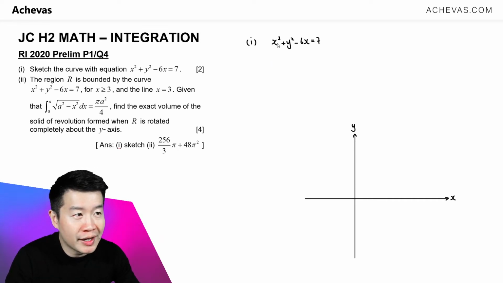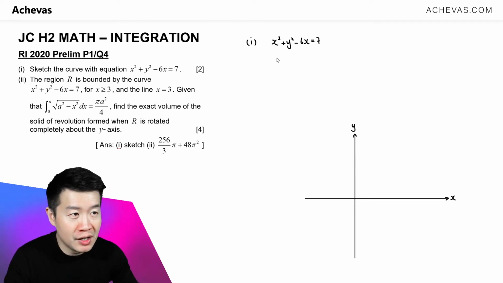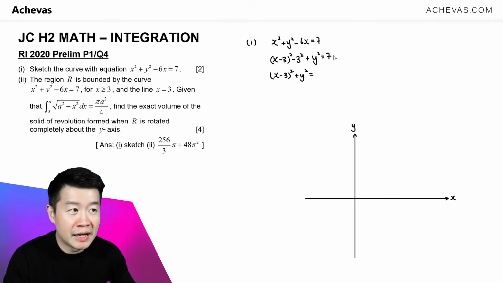So I'm going to take x squared minus 6x and we will complete the square for this. So that will be (x minus 3) squared minus 3 squared, then y squared, and this is equal to 7. So we have (x minus 3) squared plus y squared is equal to 9 plus 7, which is 16.